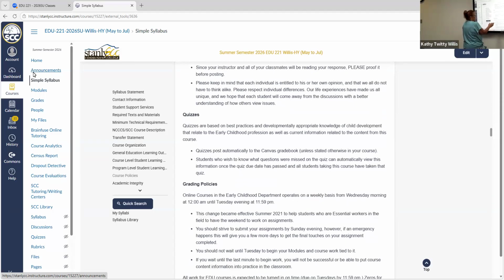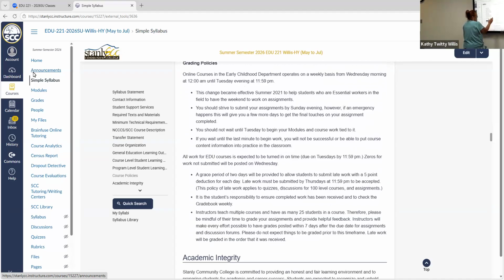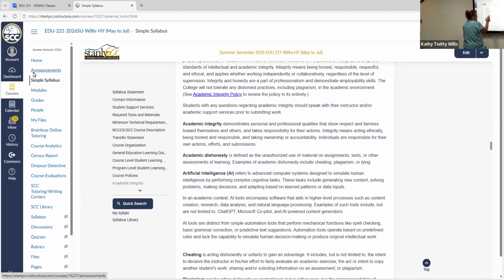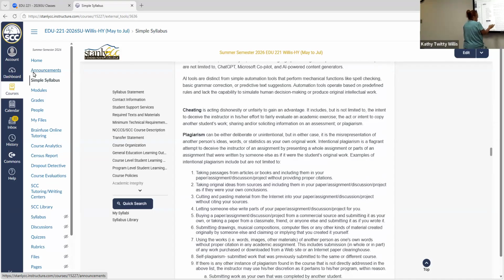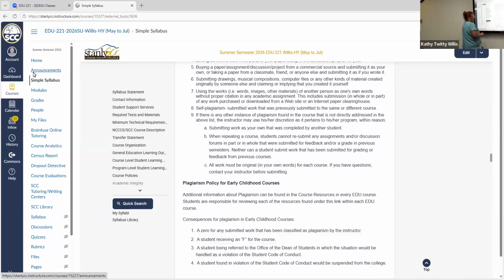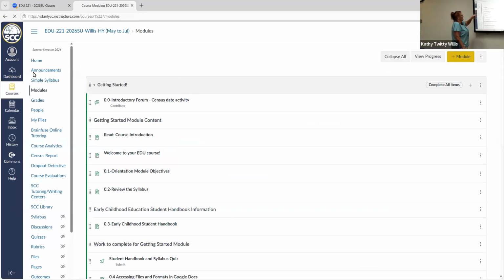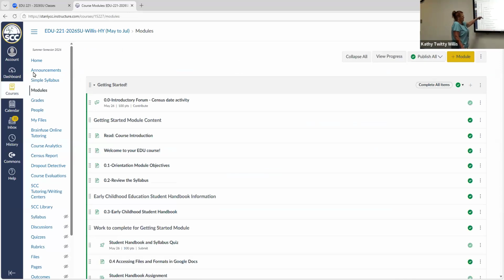And then, of course, we have some quizzes. My grading policies are there. You want to try to make sure that your work is done, and it's done within a timely manner, and therefore the due dates. As you look at your modules, the way I've got this set up is you have to do the first module to get to the second module, to get to the third module.